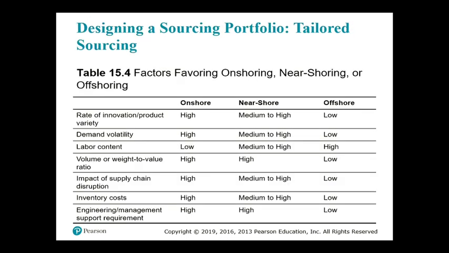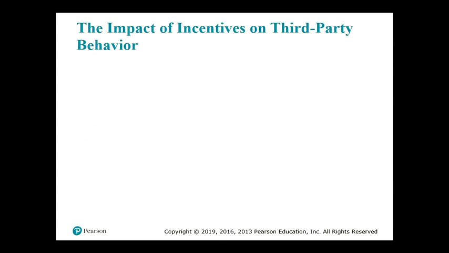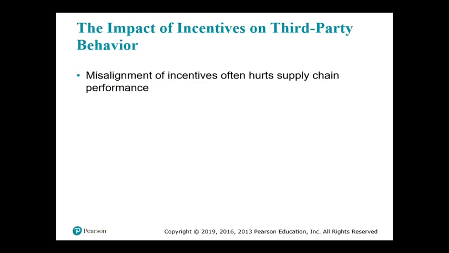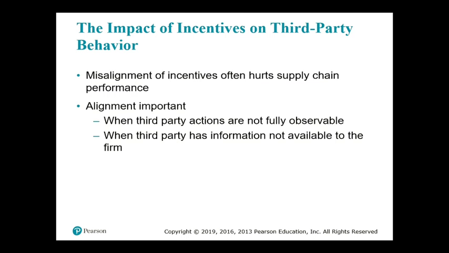And as we have seen many times before, misaligned incentives in supply chains could lead to reduced supply chain performance. So alignment is important. And alignment is important and difficult when the third-party actions are not easily observable, right?